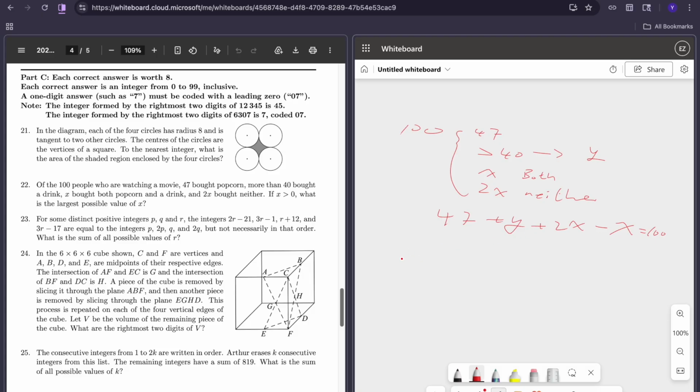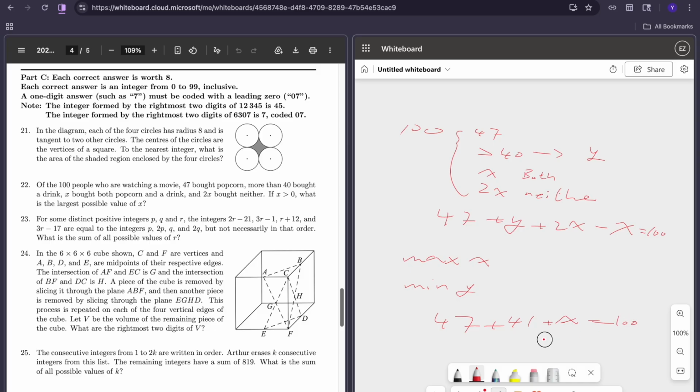We want to maximize x, so we want to minimize y. The minimum value of y is 41, so we do 47 plus 41 plus 2x minus x, which is plus x, equals 100.